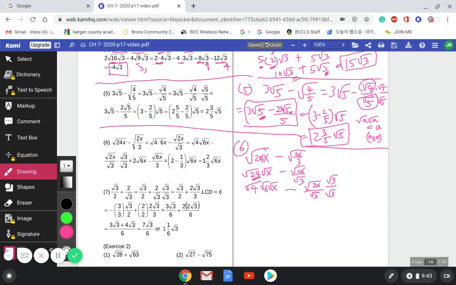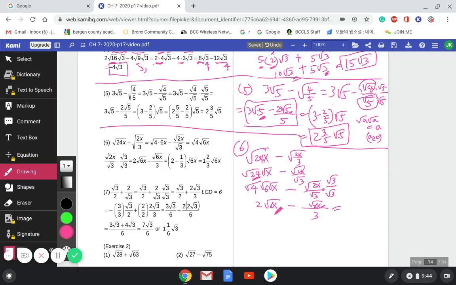So if I do that, I get 2 radical 6 and x. So I combine as 6x minus, fractional multiplication, the numerator becomes 2 times 3, 6x. And the bottom one is 3. So from here now, you have like terms.